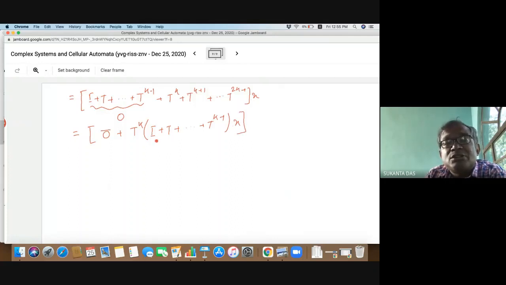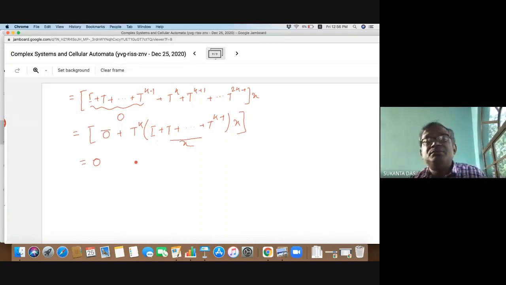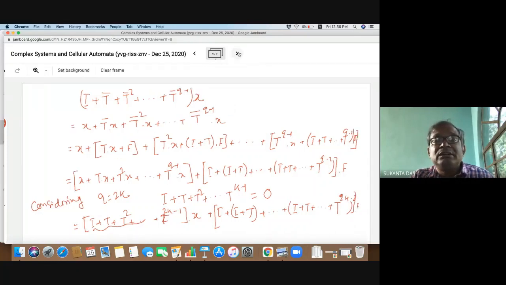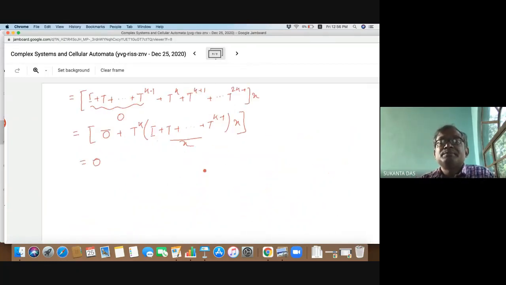This part is again 0. So the total first part vanishes, 0 plus 0, right? So the first part of this one is 0, this part is 0, so only this part remains.